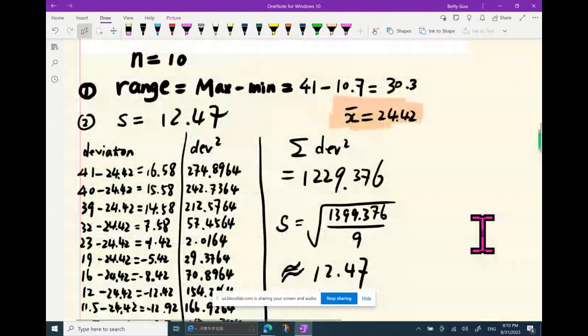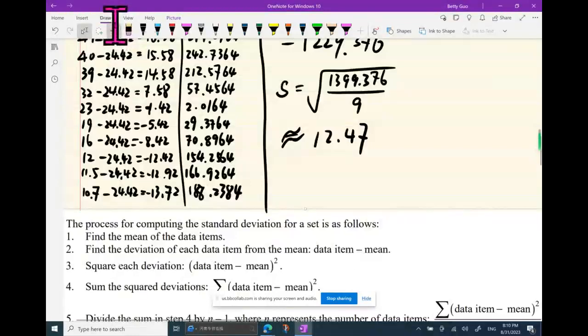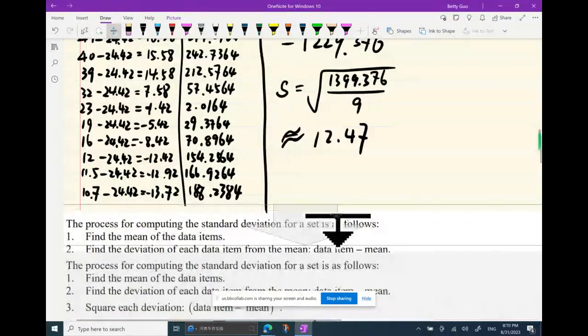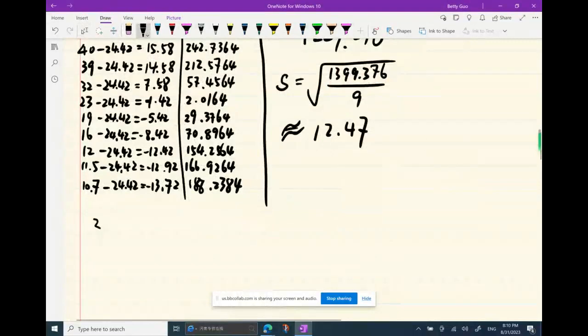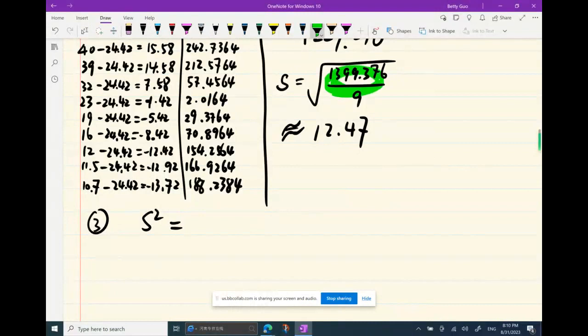Okay, so that's how we find the sample standard deviation. How do we find the sample variance? Number 3. Notation S squared. We actually have the sample variance right here under the square root, right? You don't have to square it again.